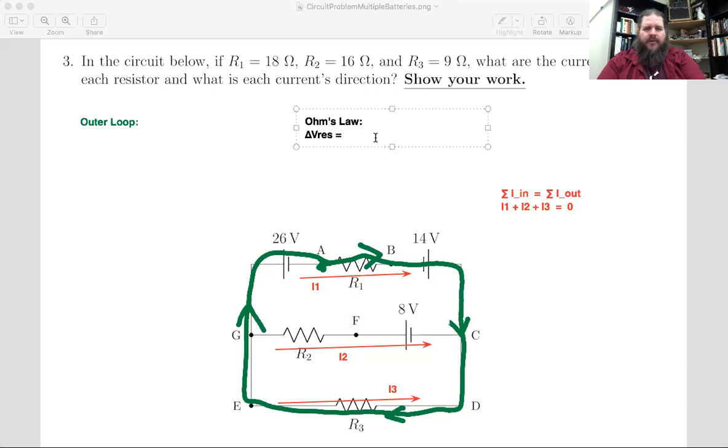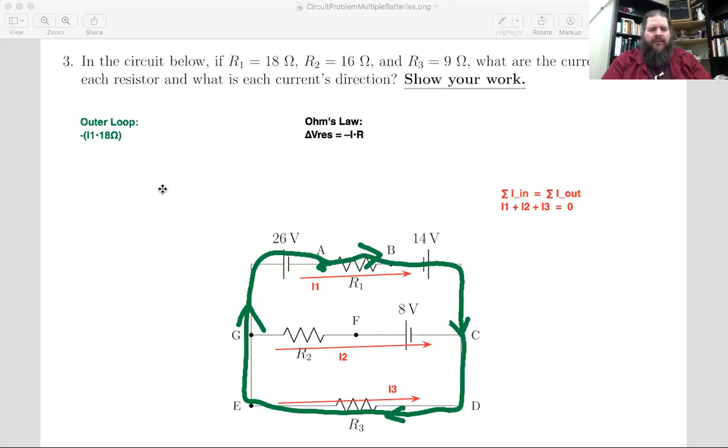Negative IR. Yeah, we need that negative to represent that it's a voltage drop. So if we're going through a resistor, we should write a delta V for the resistor, which is negative IR. So that's negative I1 times R1. And we know R1, right? That's 18 ohms. So negative I1 times 18 ohms.